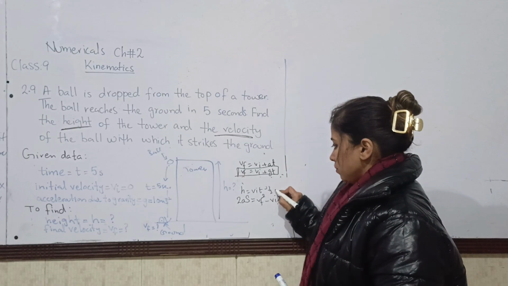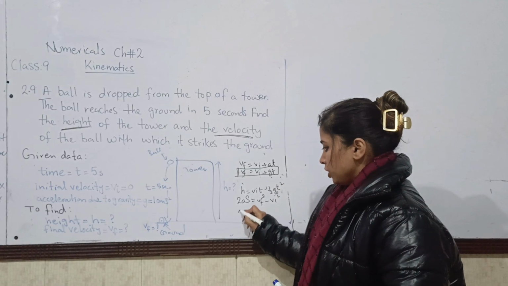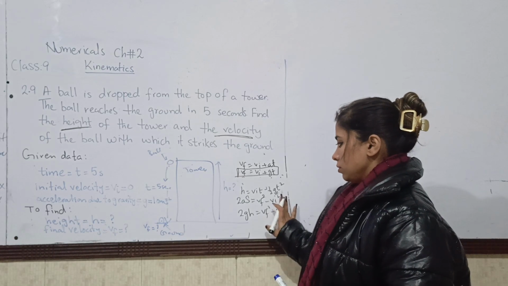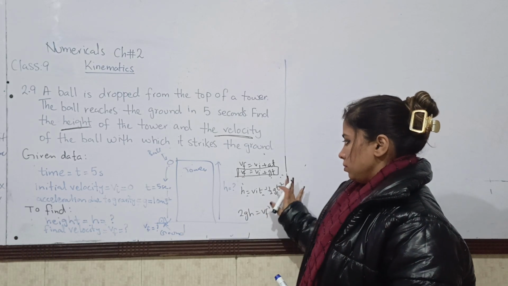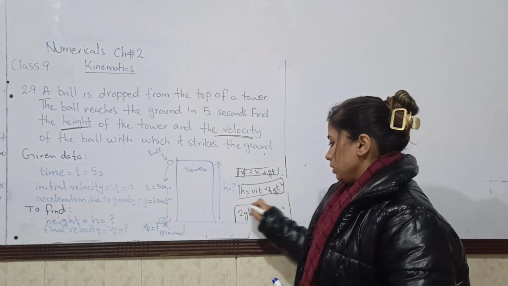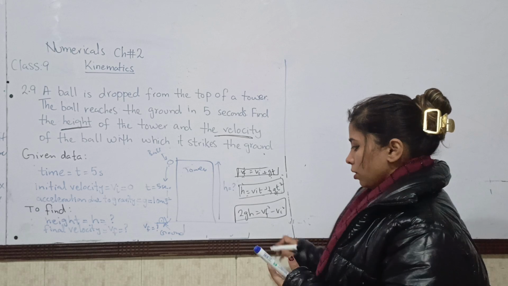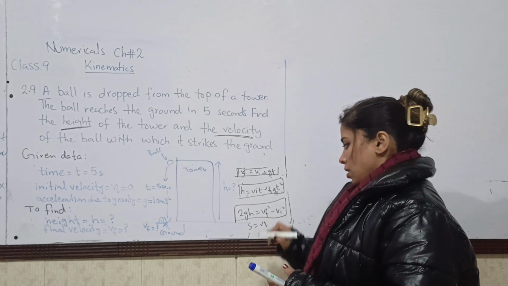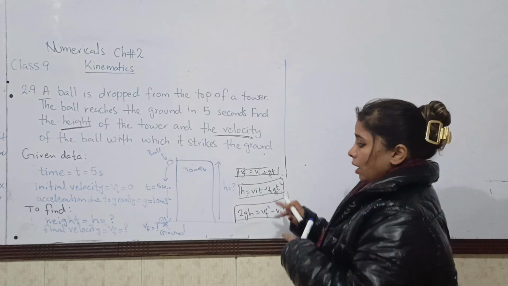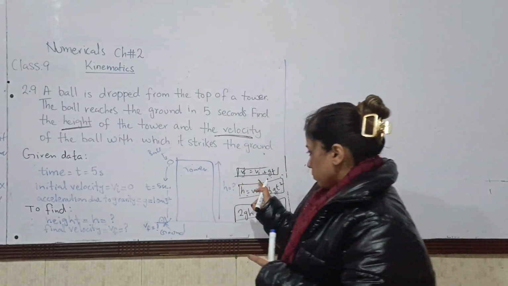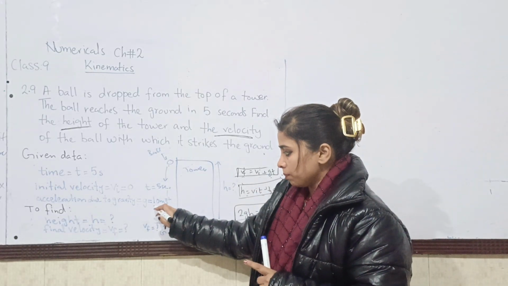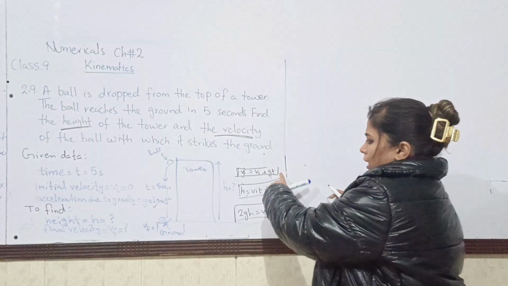So now we have these equations, and the other equation is also this, but we will use this. We have initial velocity, we have the gravity value 10 meter per second square, that is constant, and time is here.